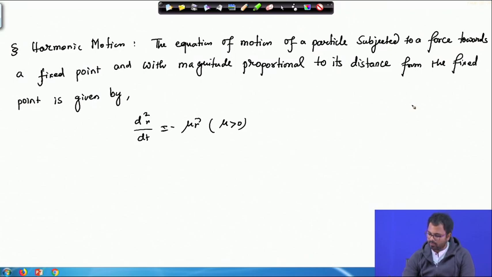So, basically what we have is, let us say, a closed curve. In this case we are choosing an ellipse. All right.